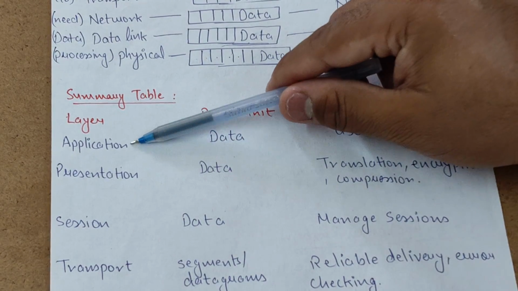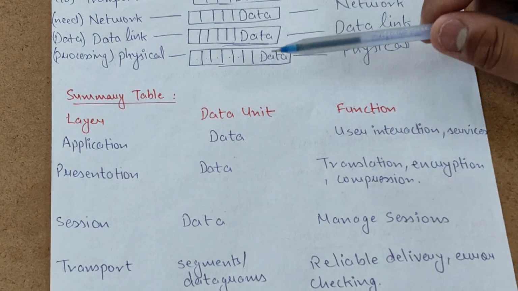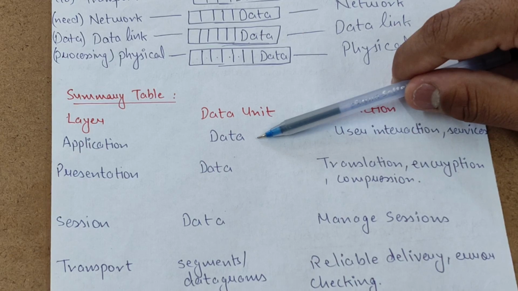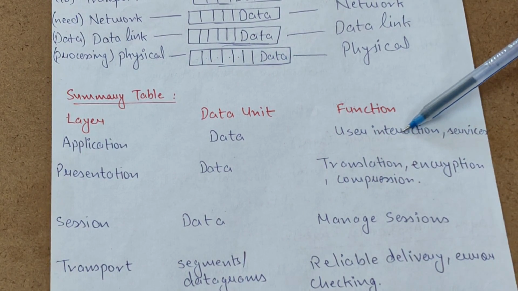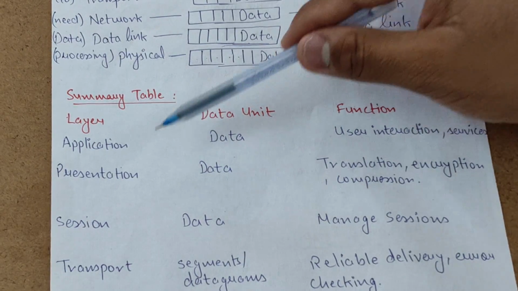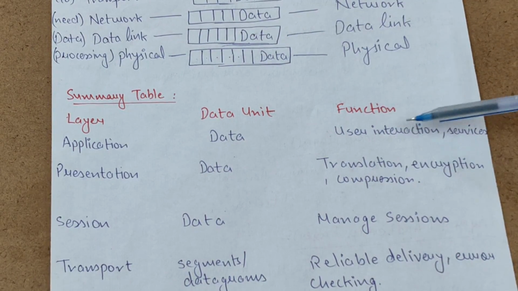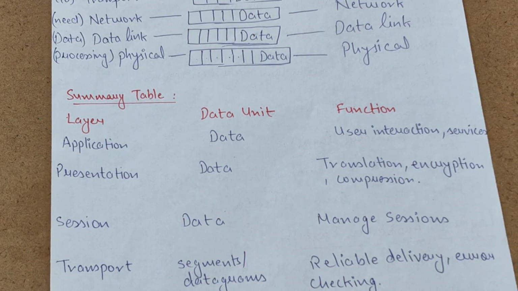Then we have the application layer. The data unit is data here too, and it provides user interaction services. Basically, the application layer is the apps we use on the devices. So this is what the OSI model is about.